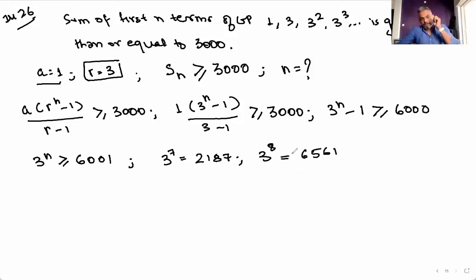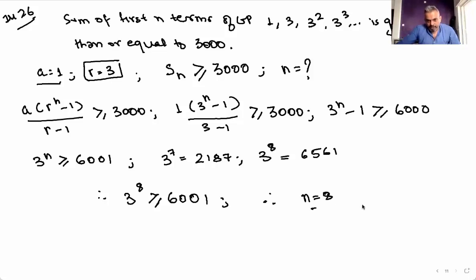So what is the minimum value of n such that the sum is greater than or equal to 3000? We have to see greater than, so therefore 3 raised to 8 is greater than or equal to 6001, therefore n is equal to 8. Answer.